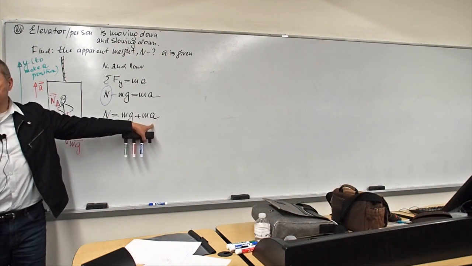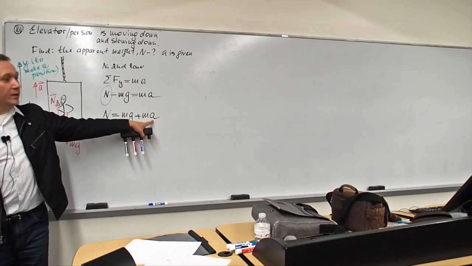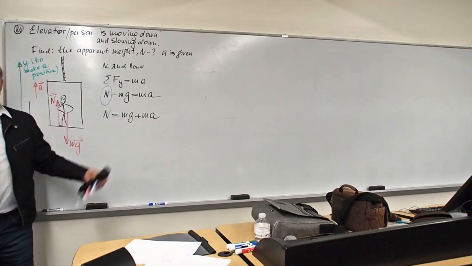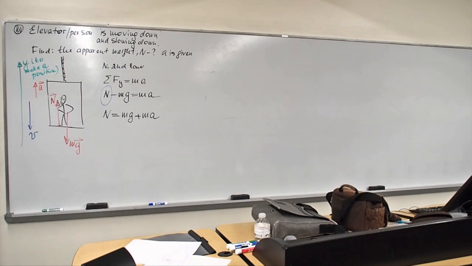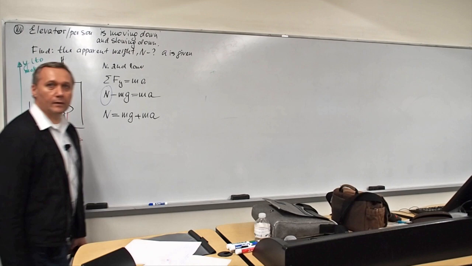If an elevator is stationary or moves with a constant speed, then of course this term is 0 and the person would feel just his normal weight. But in this case, he feels heavier. And that's what you feel when you go from the 5th floor down to the 1st floor. At the end of the trip, you feel slightly heavier.